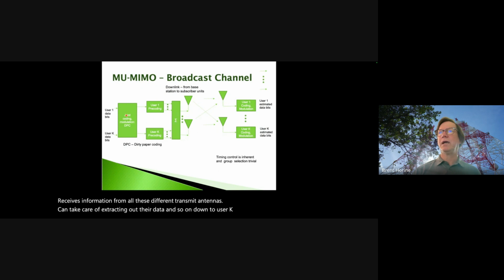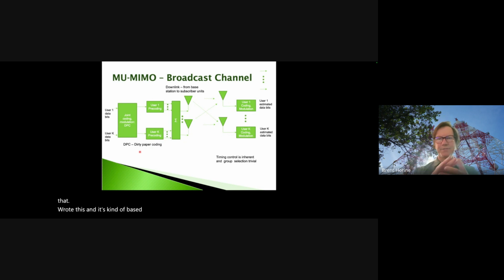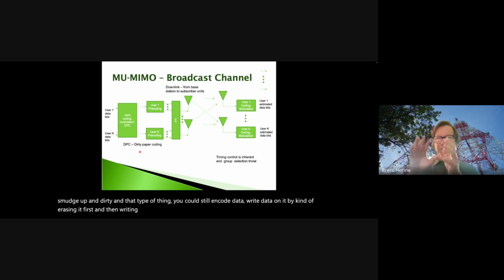All right, so there's some acronyms here. There's dirty paper coding. That's basically a process that pre-codes data so that you can kind of cancel out interference. The original author, I think it was back in the 70s or something, that wrote this, and it's basically like if you had a piece of paper that was all smudged up and dirty, you could still encode data, you write data on it by kind of erasing it first and then writing some data on it, or doing it in such a way that you're kind of canceling out the effects of that dirty paper.